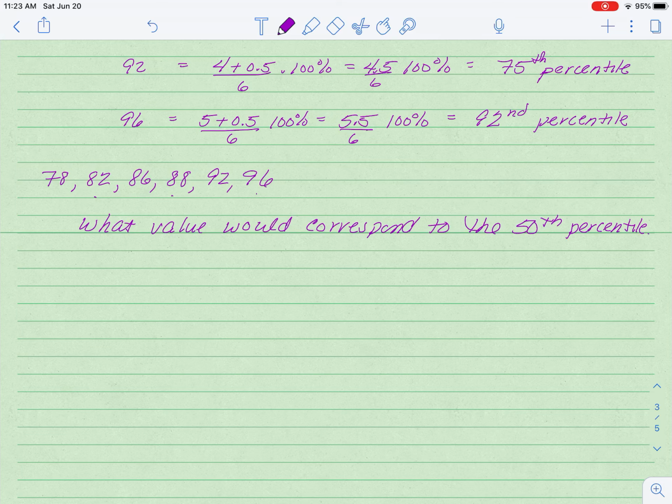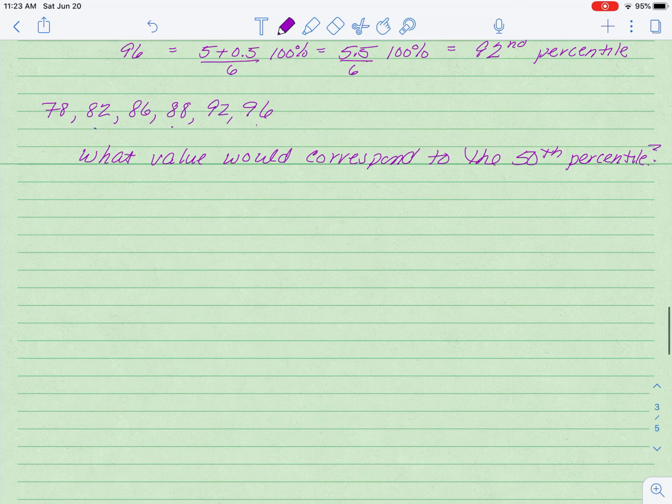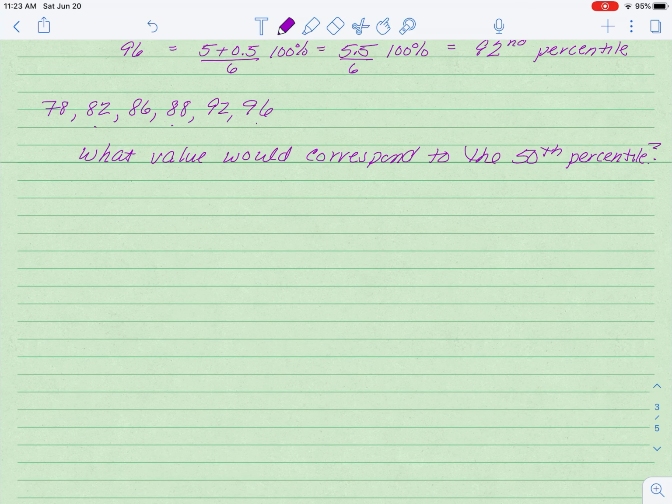Okay. So again, to answer a question like this, you still have to have your data ordered from smallest to largest. Now, in this formula, they let C be that position. So C is the position of the number that satisfies the percentile rank.